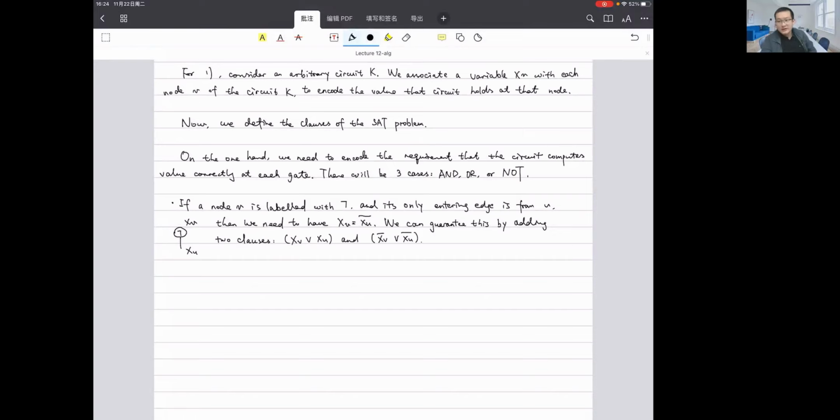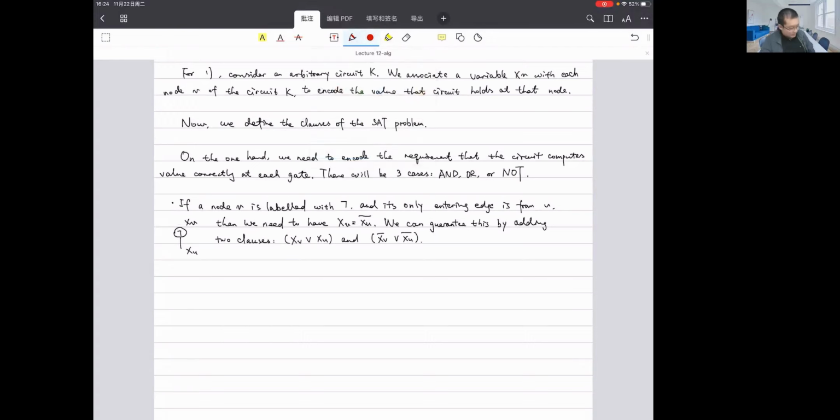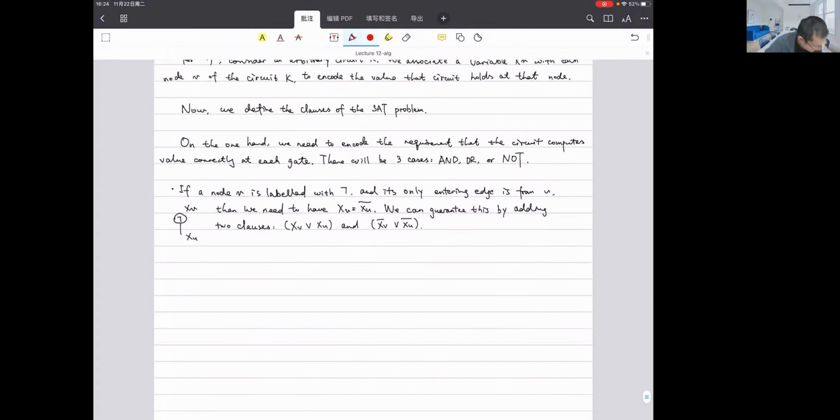These are the two clauses we add here. Why do we want to add them? Suppose both clauses are satisfied.